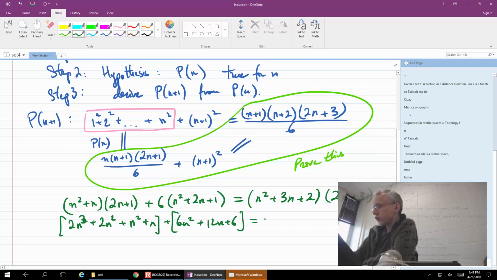So I'll have 2n cubed, plus 6n squared plus 4n, I believe. If you see I make a mistake, just stop me. Plus 3n squared plus 9n plus 6.